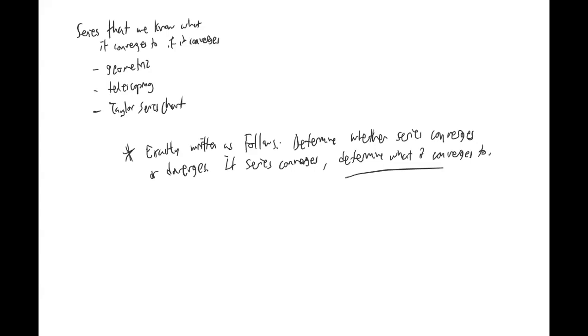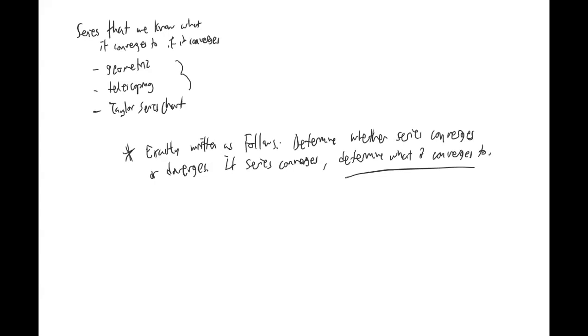It's this second part that tells you something. If it's none of these three, the series diverges, because the only types of series where you know exactly what number it goes to are these three.